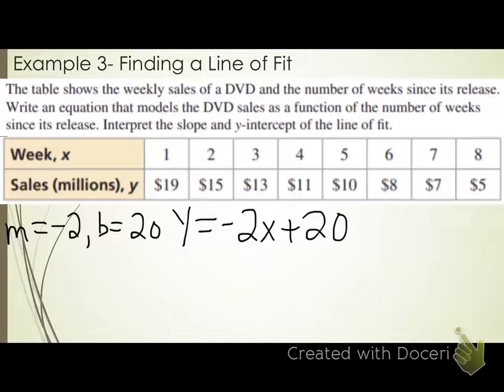Okay? So, my slope is -2. Remember, my slope is my change in y over my change in x. So it is negative 2 over 1. So what do you think my slope means in this situation if my change in y is negative 2 and my change in x is 1?